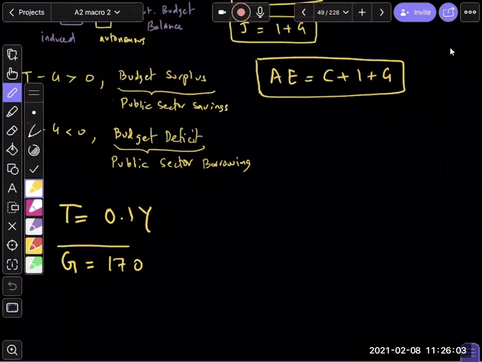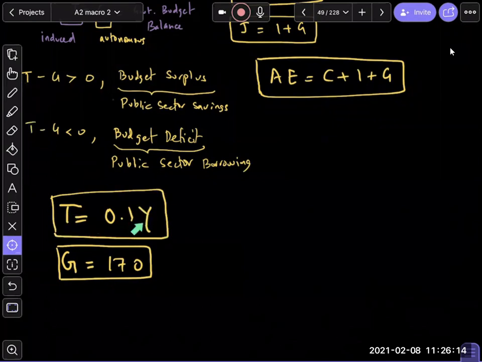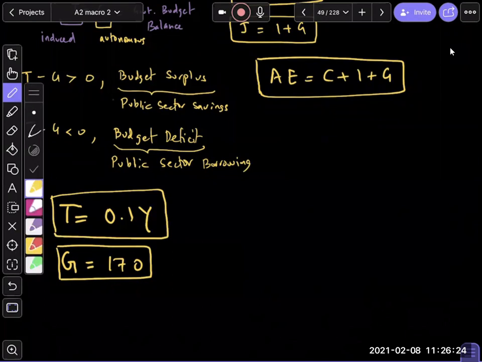Okay, so G is 170 and T is 0.1y. So I come up with this kind of an equation. Okay, and you see, T is a function of Y, which means more income, more taxes, while G is flat. Okay, and so T minus G is 0.1y minus 170, which is what we call the government budget balance equation.